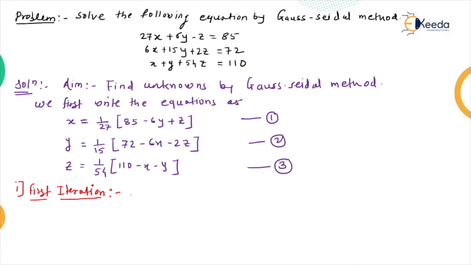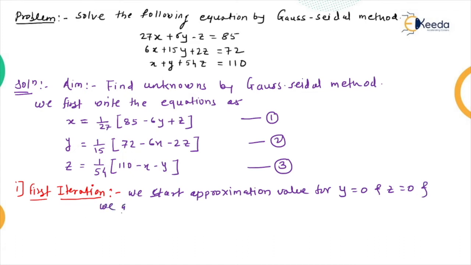Let's see. We start the approximation with y equal to 0 and z equal to 0, and from equation 1 we get the value for x. x equals 1 upon 27 times 85 minus 6y plus z.